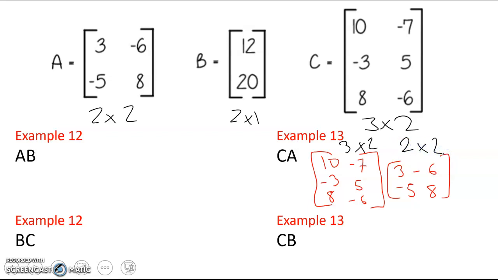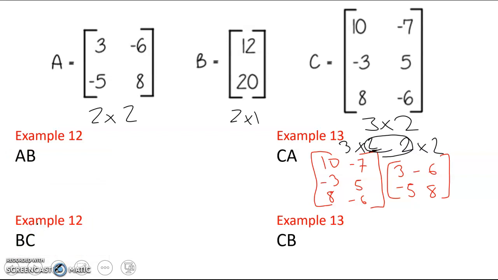So we know that these inside numbers match: the number of columns in the first one matches the number of rows in the second one. So we can go about our business here. I'm just going to erase that.